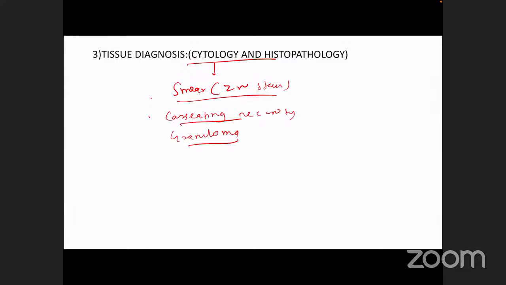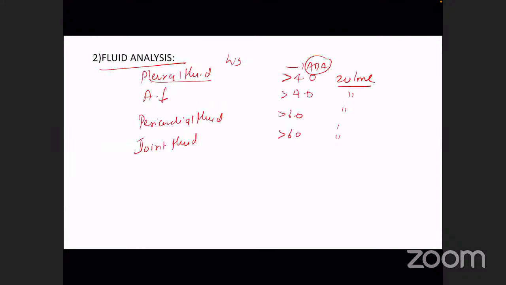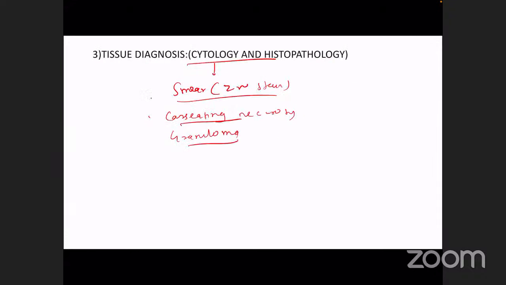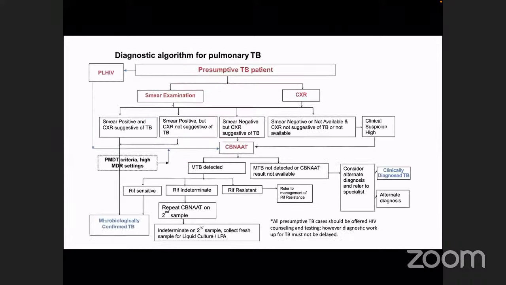So I hope now this is very clear. We have discussed till now the diagnosis part of drug sensitive tuberculosis. Now, this is just a simple algorithm for diagnosis of pulmonary tuberculosis in a patient that comes to you. Many years back, earlier it used to be that you get a smear, then you get a chest X-ray.